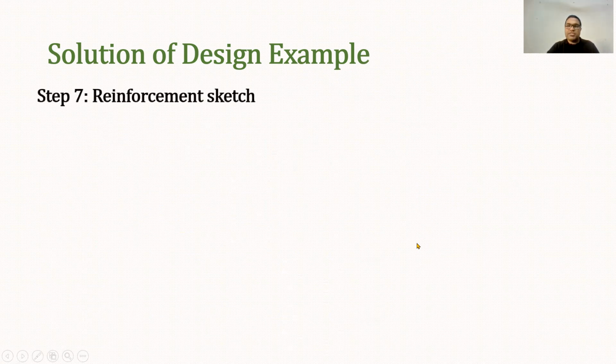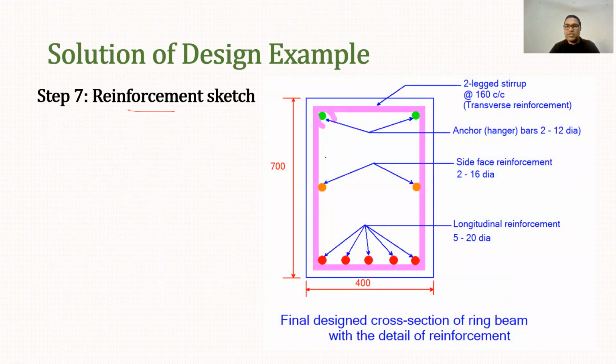Now we will have step 7 as reinforcement sketch. The reinforcement that we have designed in our numerical, we will show using the sketch. So I have made the sketch for your reference. In this case, you can see this is the cross section of beam and the dimension of beam is 400 by 700 mm. And the stirrups that we have designed are two-legged stirrups, 160 center to center.